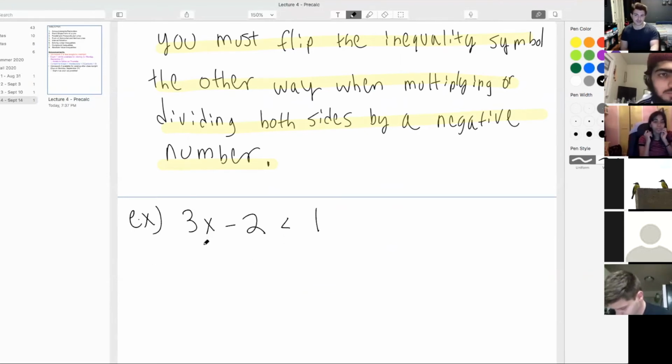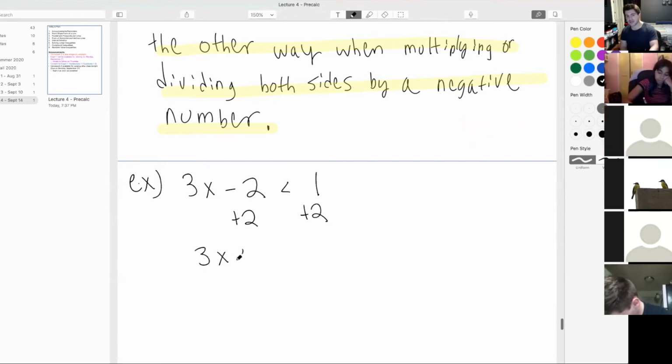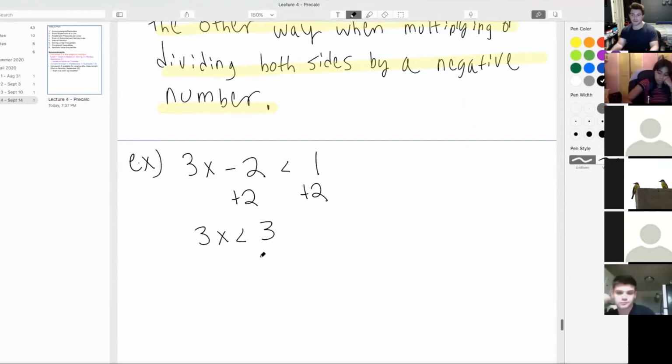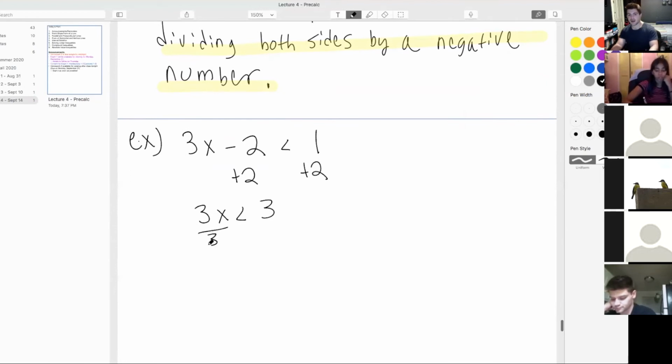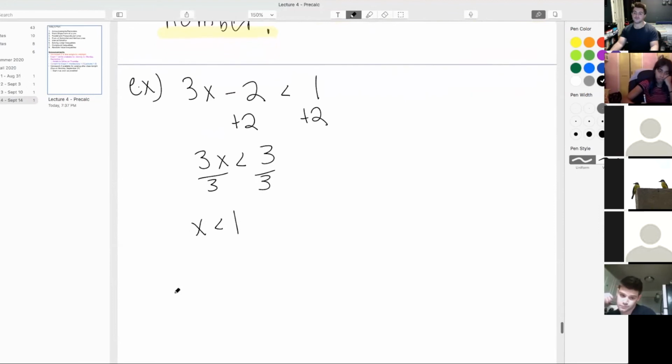So let's add 2 to both sides. Then that would give us 3x is less than 3. And now I can divide all sides by 3, which would give me x is less than 1.